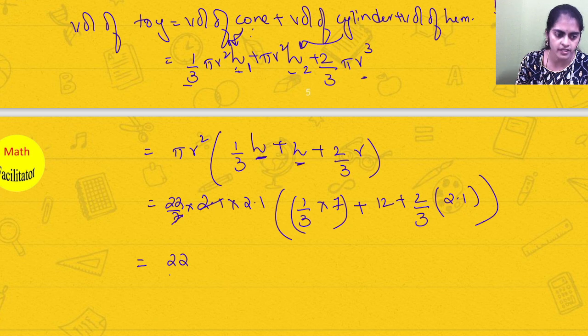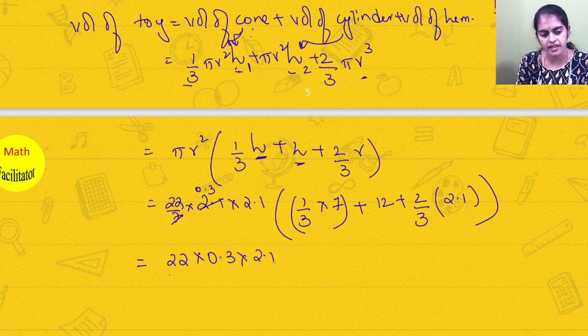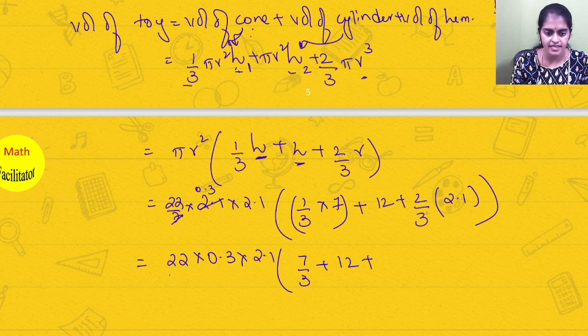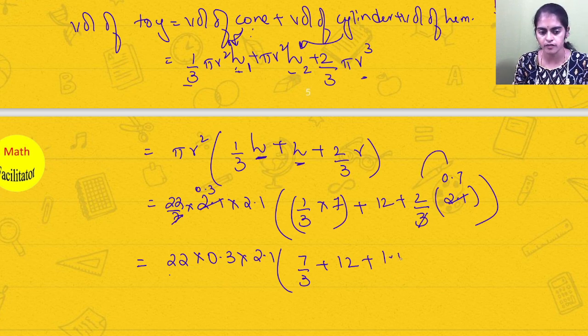Here it is 2.1, so 0.3 and 9. So 22 into 0.3 into 7 by 3, plus 12, plus 2 by 3 into 2.1, which is 2 into 0.7, which is 1.4.